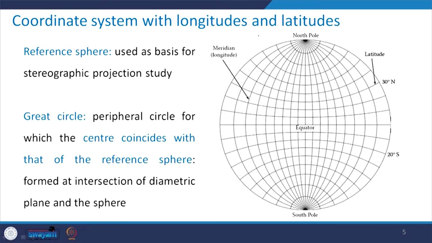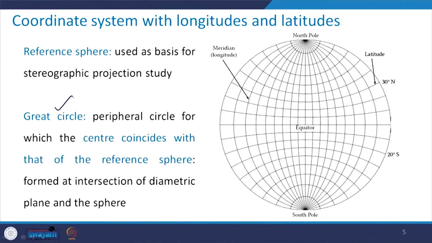It is very important because wherever we have stereographic projection and its applications later in this course, we will be referring again and again to these terms. The first one is the great circle. It is the peripheral circle whose center coincides with that of the reference sphere.